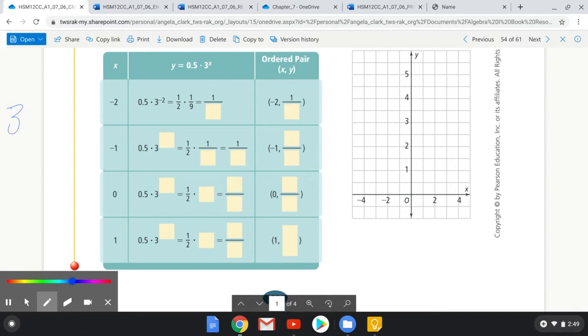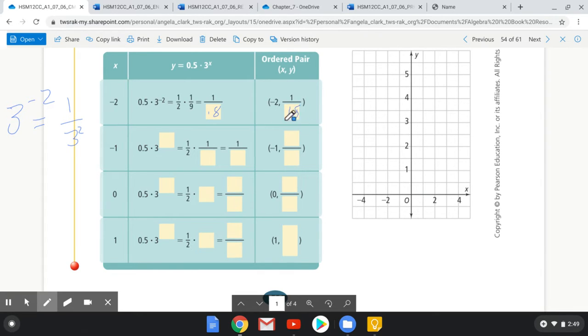So 3 to the -2 equals 1/3 squared, which is 1/9, right? 3 squared is 9. So this is 1/9. And then we're multiplying fractions. We just multiply the numerators. So 1 times 1 is 1, and 2 times 9 is 18. So our point here is going to be at -2 and 1/18.